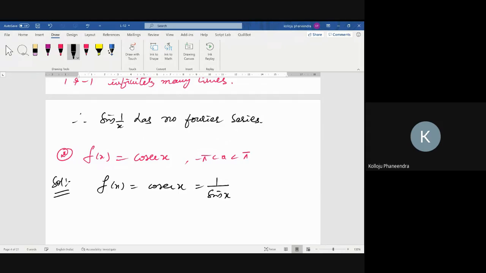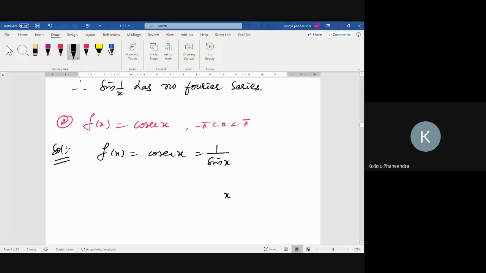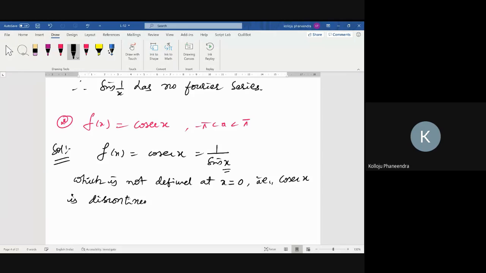This is not defined at x equal to 0. That is, cosecant x is discontinuous at x equal to 0.